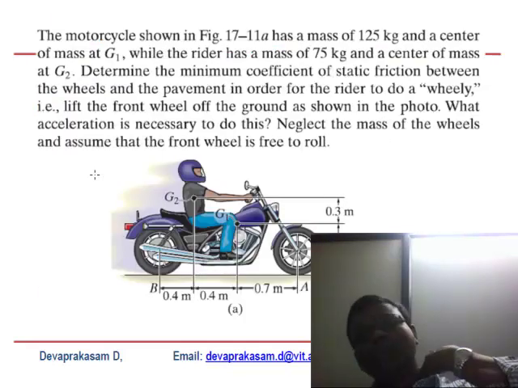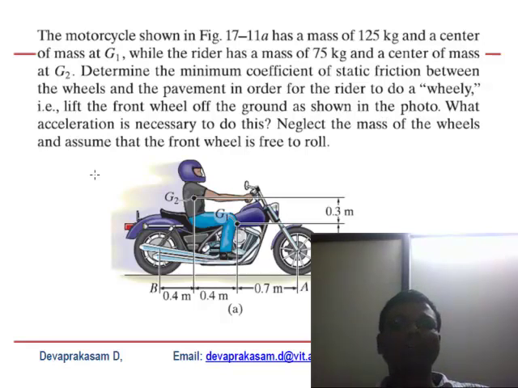Similarly, this third problem which I am talking about is the motorcycle shown in the figure, which has a mass of 125 kg and a center of mass at G1. There are two centers of mass. One is the vehicle's center of mass, and G2 is the rider's, the driver's center of mass.